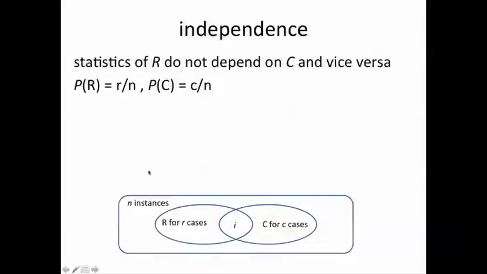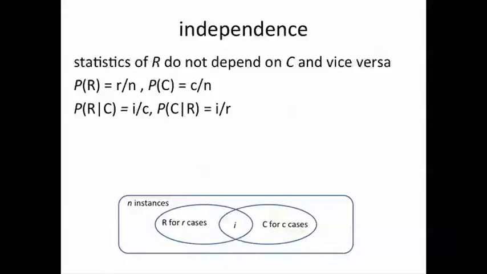The probability of an r occurring is clearly r over n, and the probability of cheap occurring is c over n as before. And similarly, the conditional probabilities of an r given that c occurs can be computed.